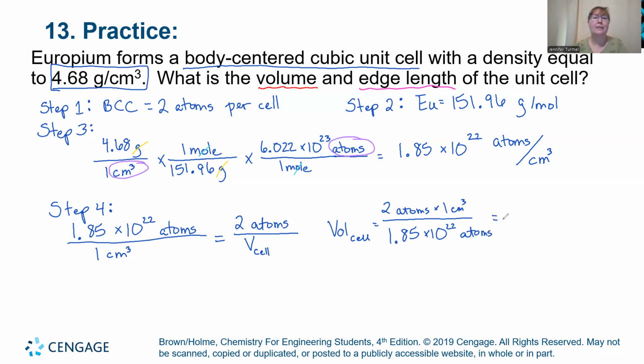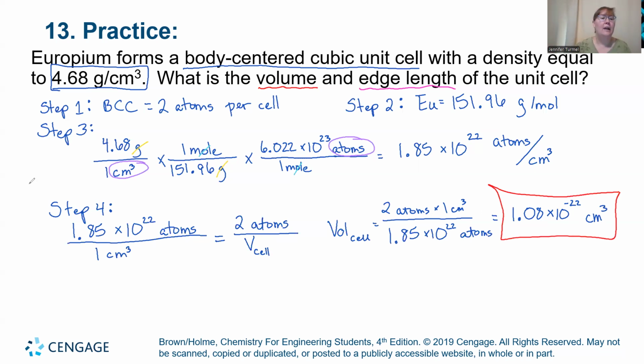And when we calculate that out, we will get 1.08. Again, be pausing this as you're writing it and calculating it through to see that you get the same values that I get. 1.08 times 10 to the negative 22 cubic centimeters. And that is our first answer up there, asking for the volume of our unit cell.